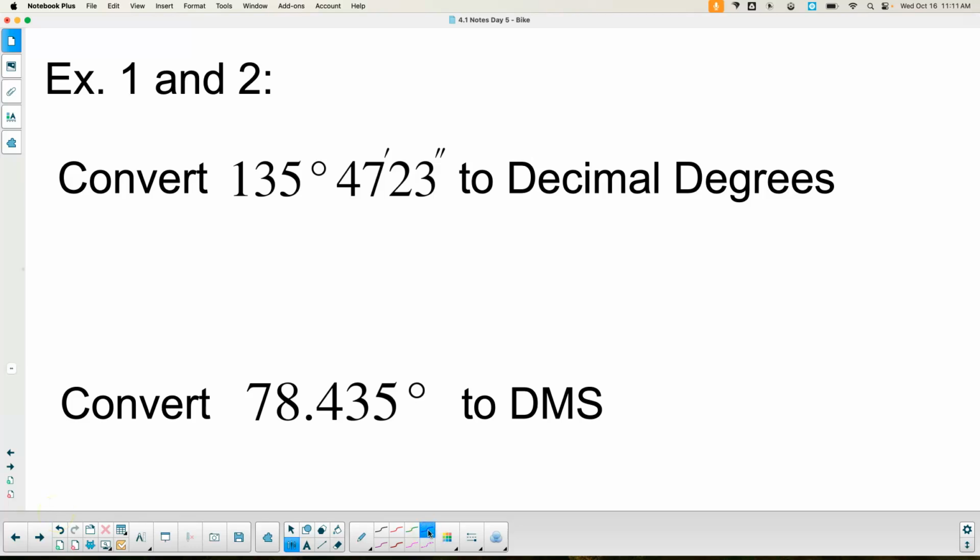So converting to decimal degrees, you're going to have 135 plus 47 divided by 60, because there's 60 minutes in a degree, plus 23 divided by 3,600, because there's 3,600 seconds in a degree.